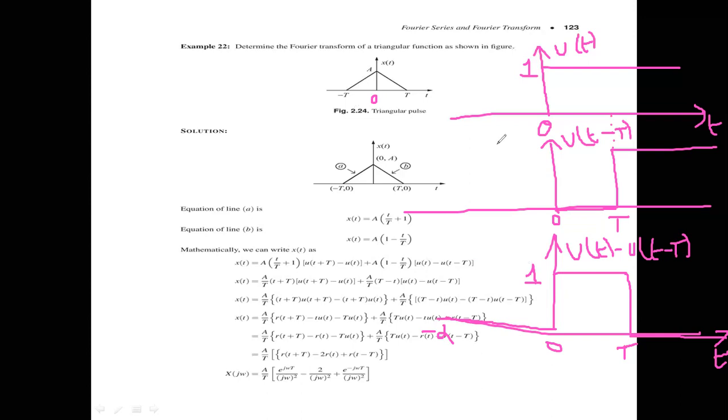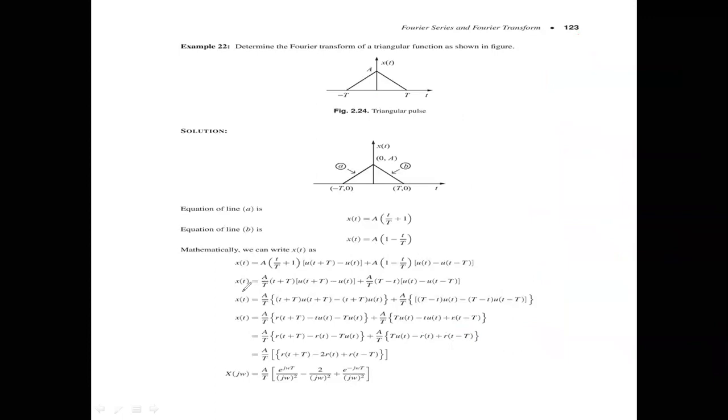Now we got the mathematical expression for the given triangular function in terms of line equations and step functions. Understood? The x of t is equal to A by T into (t plus T) times (mu of t plus T minus mu of t).